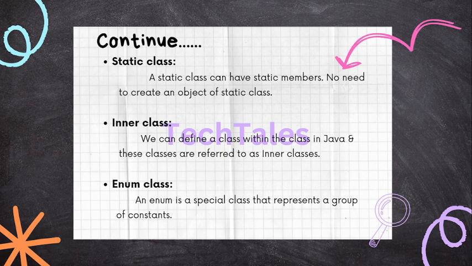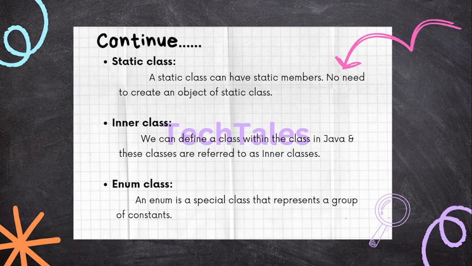Then we have an inner class. So what is an inner class? Java provides you a feature in which you can define a class within a class. And that class is called an inner class. Then we have enum.